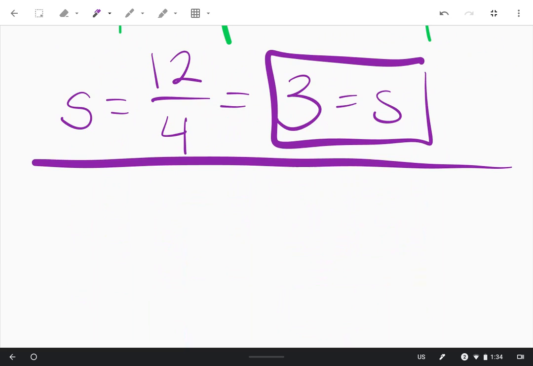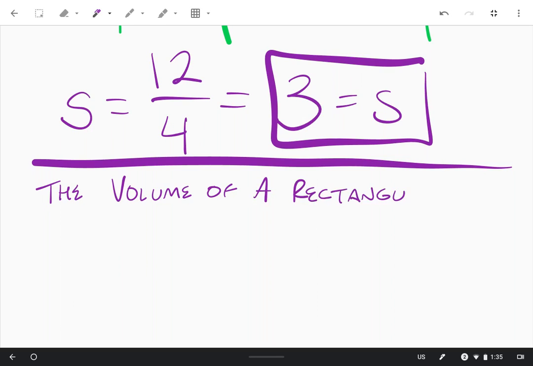So let's say I have another one. Let's say it said the volume of a rectangular prism is 68 centimeters cubed. Actually, I'm going to change that value.